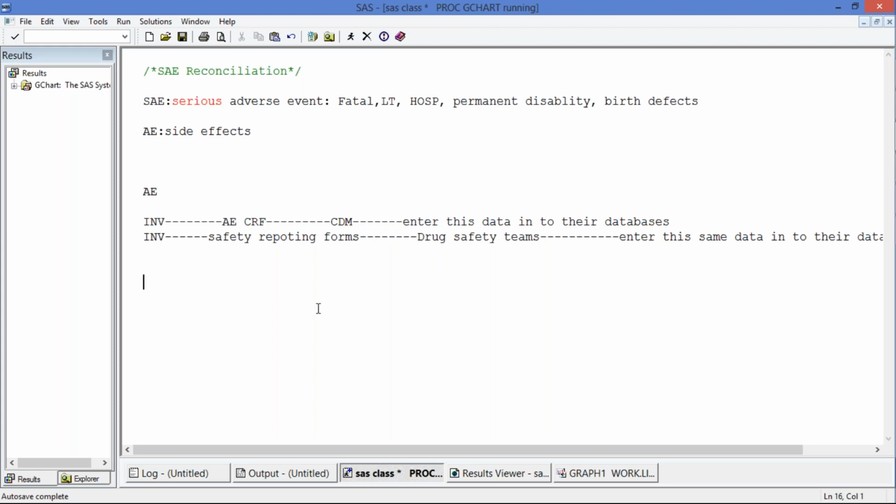Clear? So why do we need to do the reconciliation? What is reconciliation?